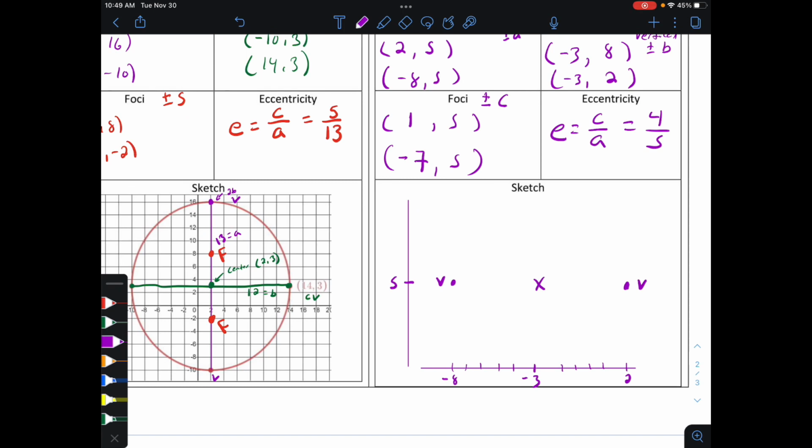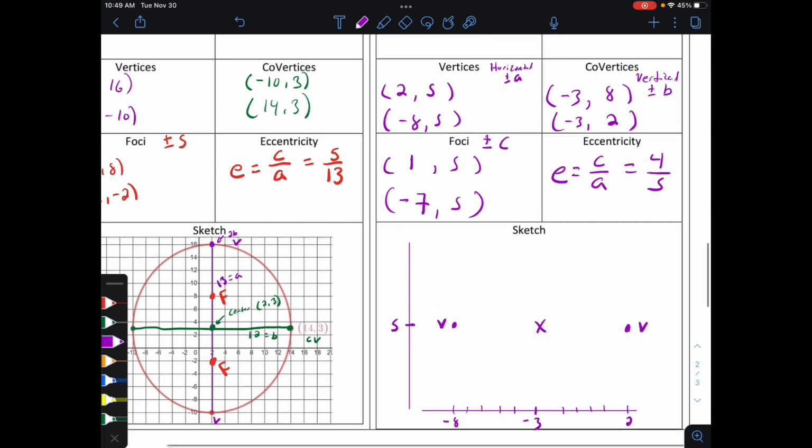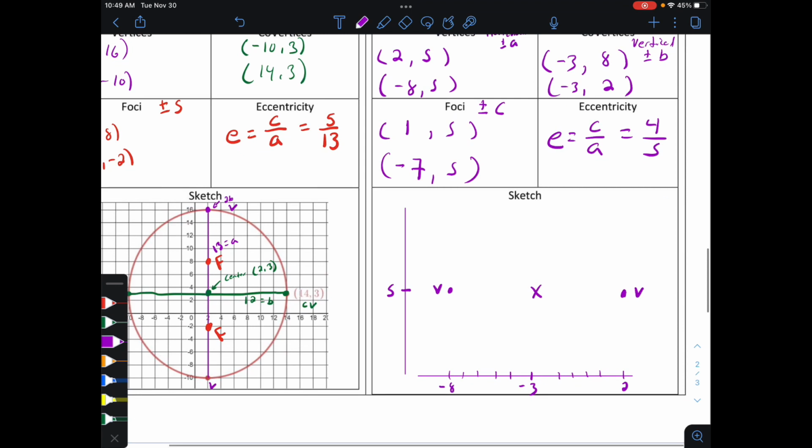And then our co-vertices are going to be vertical. We go up or down 3 units. I'm just writing the y numbers that I need. So I have a co-vertex here and a co-vertex here. We have our foci next, which are at 1, 5, and negative 7, 5. So we'll put a little F for them.